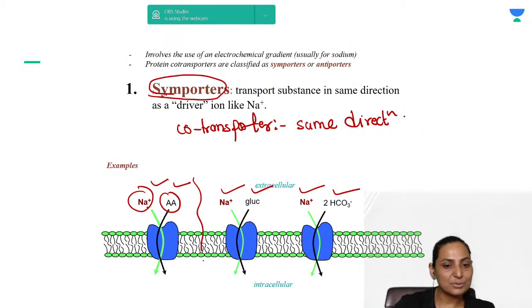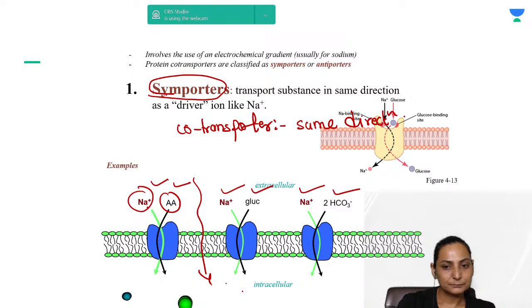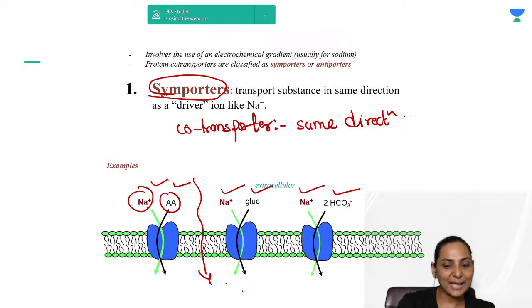They're coming from outside to inside. You can just see one more time, and the things become very clear to you. Both of them are coming in the same direction.